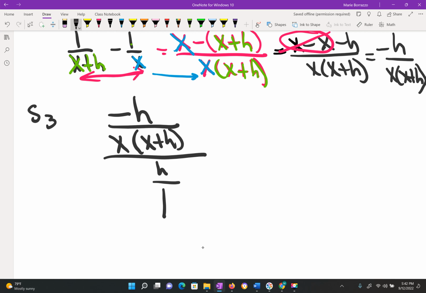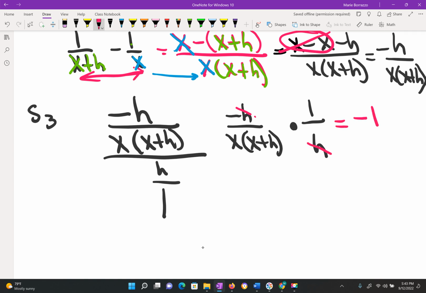And we are multiplying two fractions, so we're going to keep, change, flip. Do you remember that? Yes. So keep, change, flip. Reciprocal, right? So the h's are going to cancel. And now you're left with negative 1 over x times x plus h.